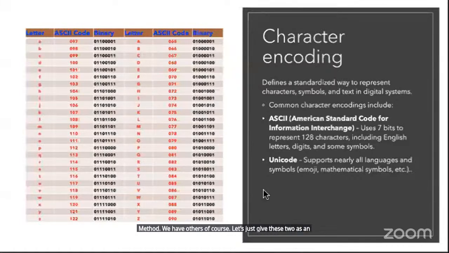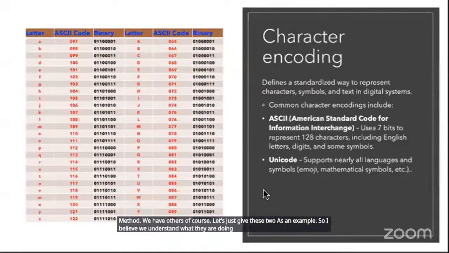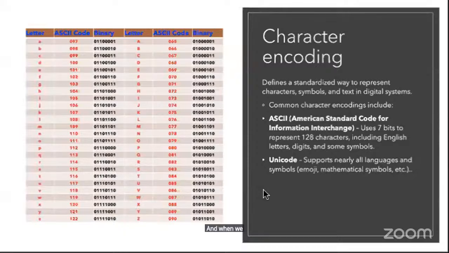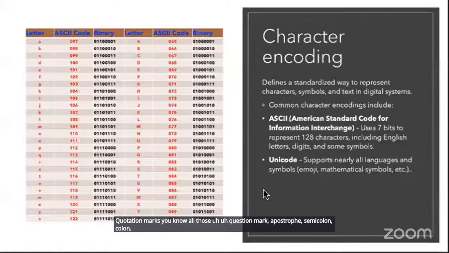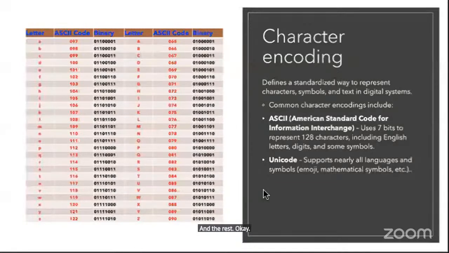I believe we understand what they are doing: they assign unique numbers to each character. And when we say character, we're also talking about symbols, signs, quotation marks, question mark, apostrophe, semicolon, colon, and the rest. Okay, that's about character encoding.